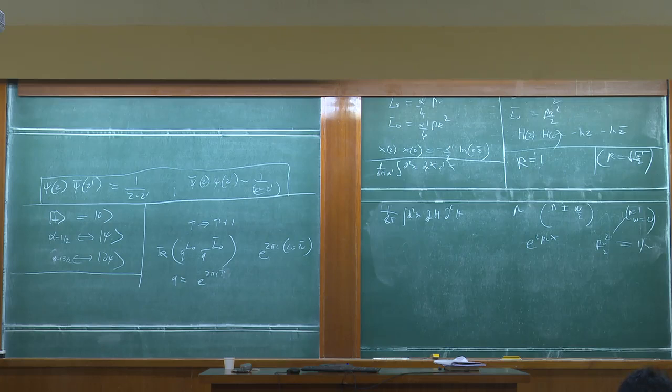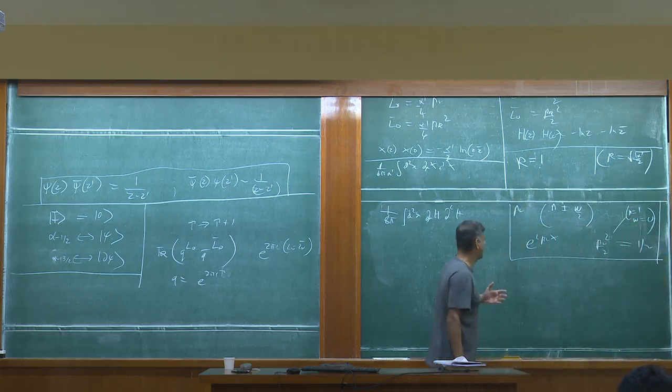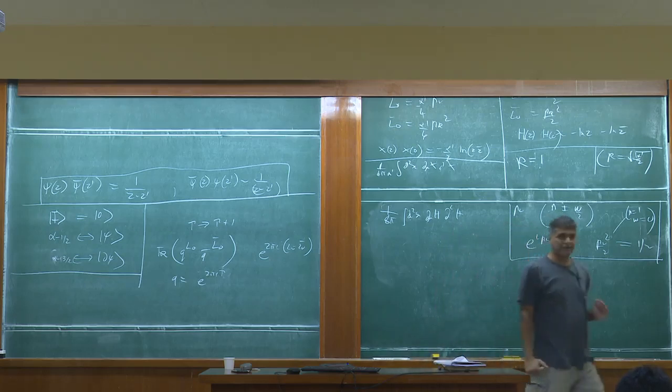So you'll have half, 3 halves, and so on. So this theory here has a spectrum that has some features reminiscent of the spectrum of the free fermion.